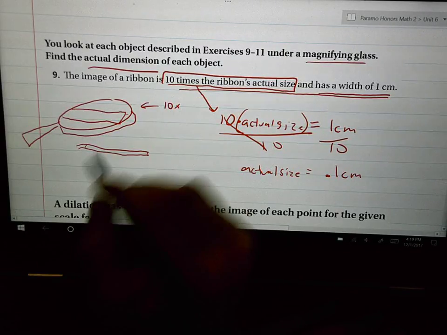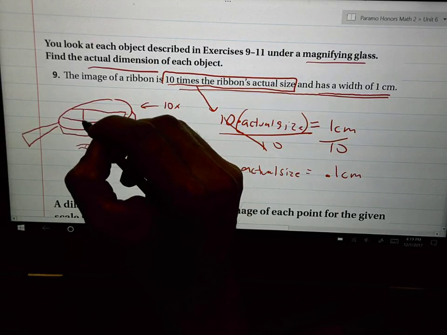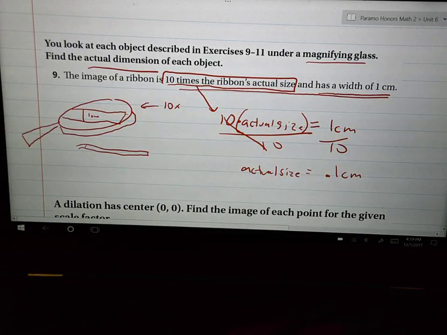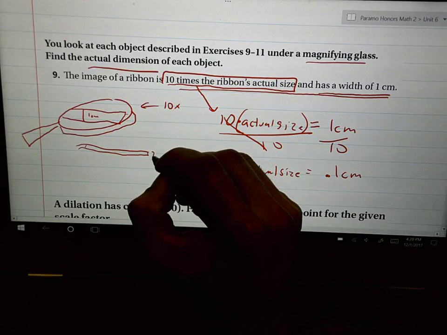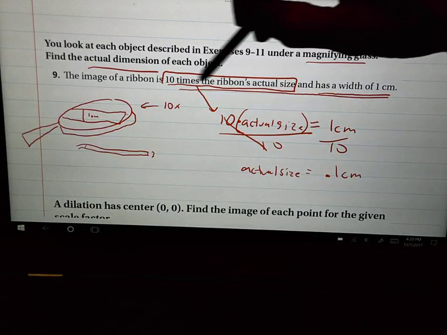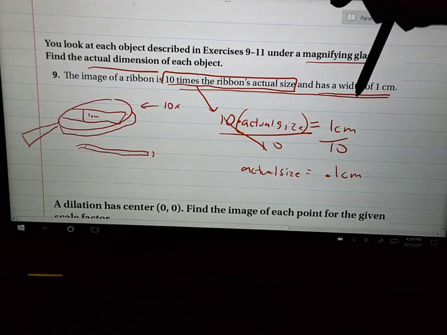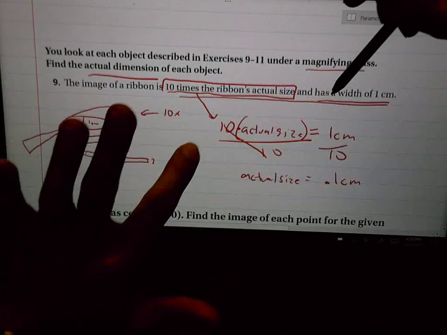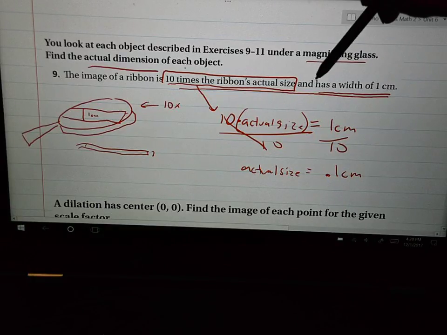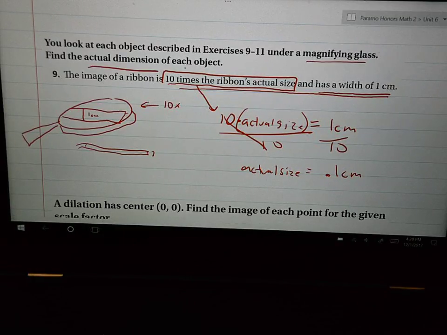That means that in this picture, this is 1 centimeter in the magnifying glass. And we're trying to find out, well, how big is it over here? It's 1/10 of a centimeter because it was made 10 times bigger. Most of you already know that. I get it. But I wanted you to see how when you go from a sentence, for those of you who struggle with word problems, you know who you are, this is a good way for you to write the equation.